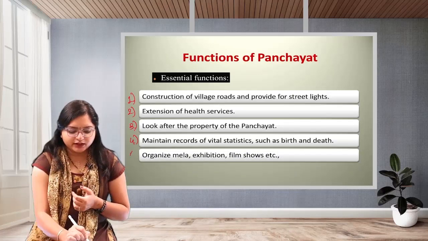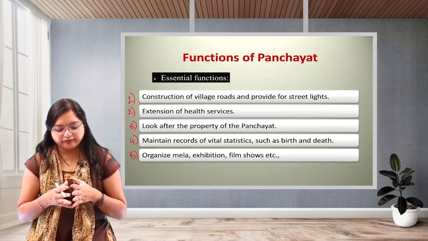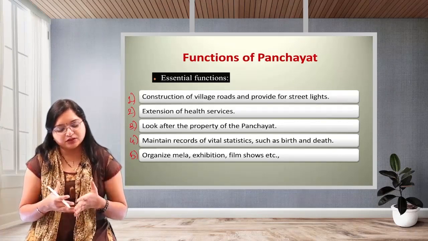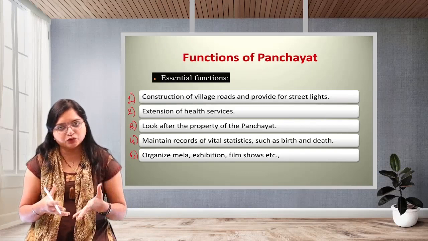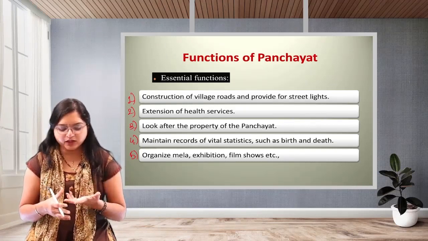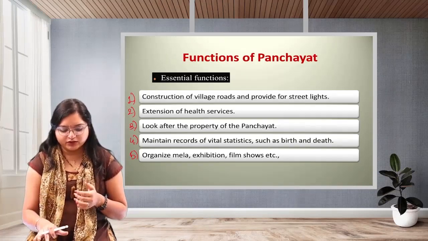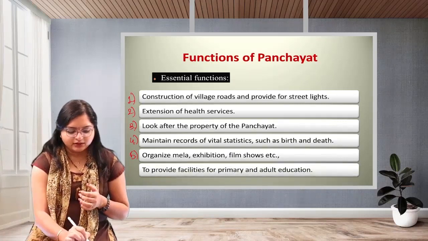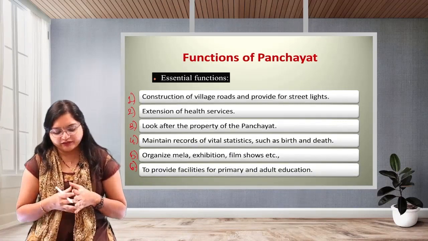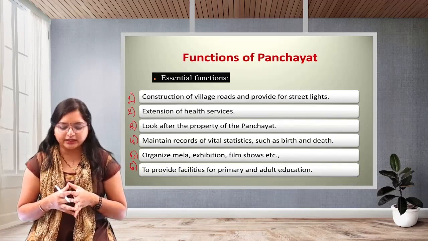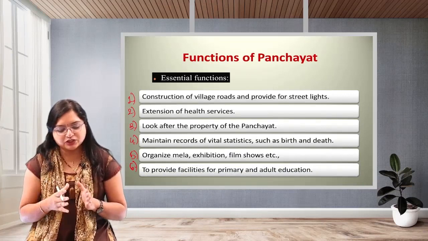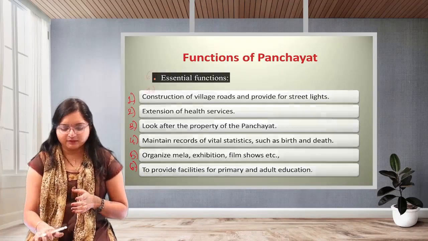Then the fifth one is to organize melas, any kind of exhibition, any film shows on any kind of topic. So these are the essential functions. And then the sixth one is to provide facilities for primary and adult education. All these are essential functions for the Panchayat.